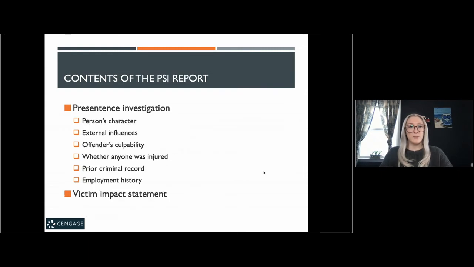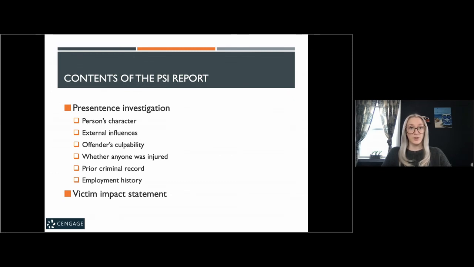So let's look at, what does the PSI contain? The whole point of a PSI is to understand the causes of antisocial behavior, and also to clinically evaluate the potential for change that the offender has. So this report needs to be three things: factually accurate, objective, and verified.